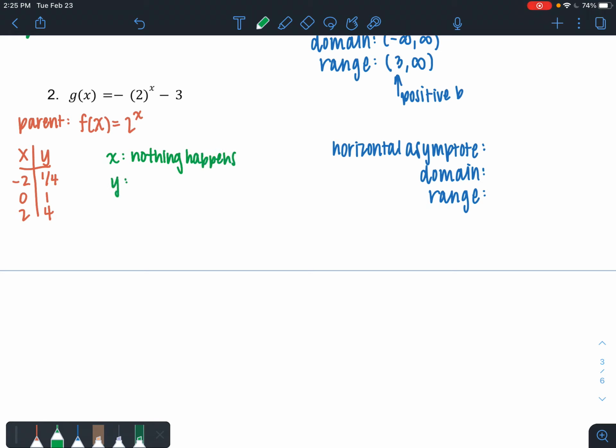And then our y values, we have a negative here and a -3 here. So it's going to get multiplied by -1. That's going to cause a reflection. And then we're going to subtract 3, which is going to make us go down 3 on our graph.